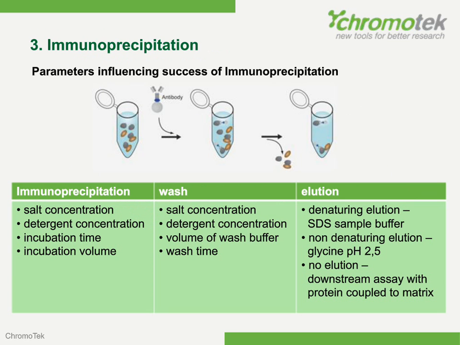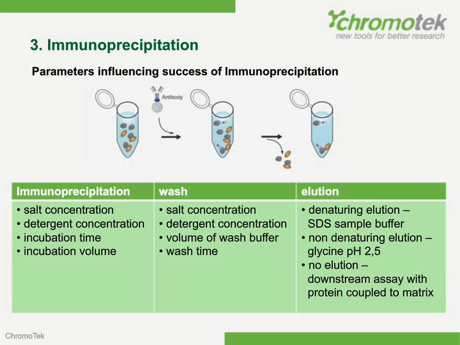Well, after preparation of the lysate and the choice of the antibody, you can start your IP reaction by adding the antibody to your lysate. As I mentioned before, you need a good antibody to catch your protein from the lysate. Otherwise, your IP won't be successful.